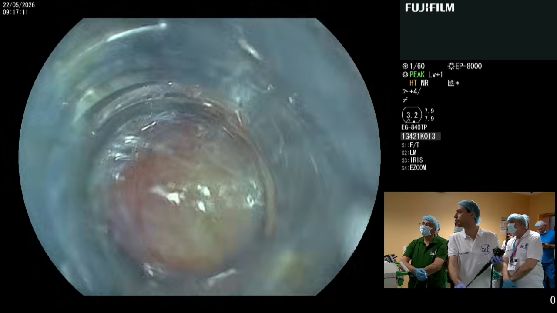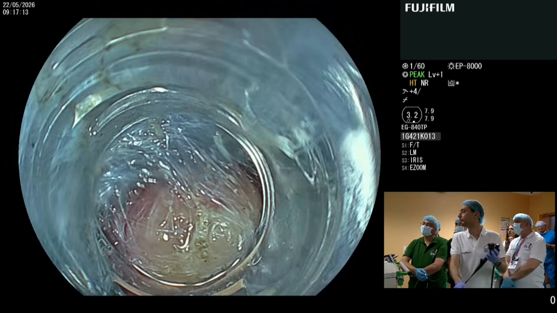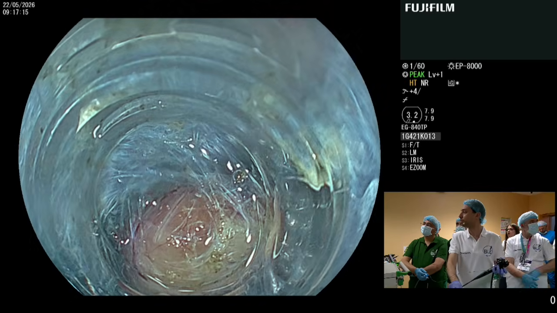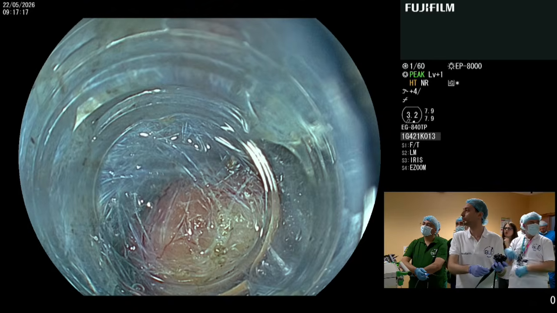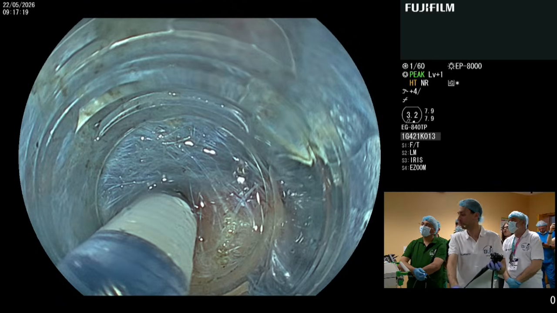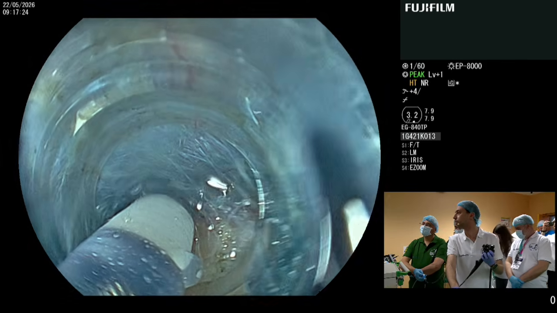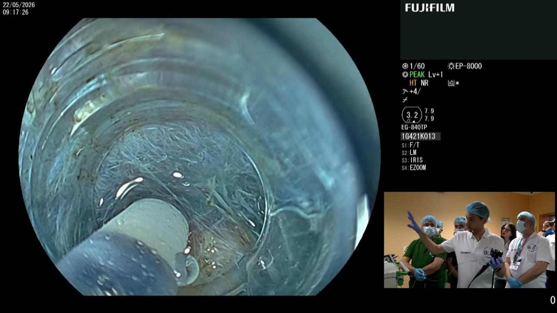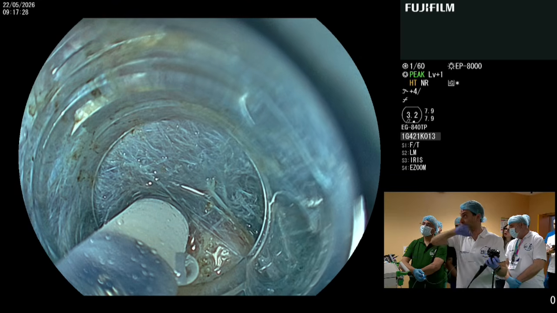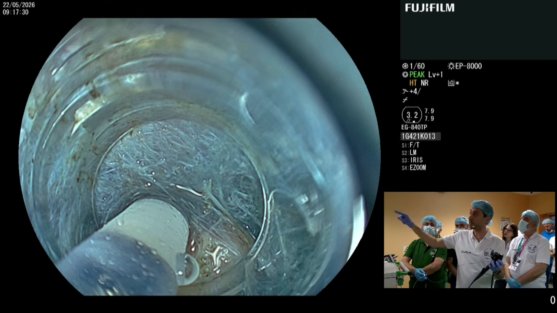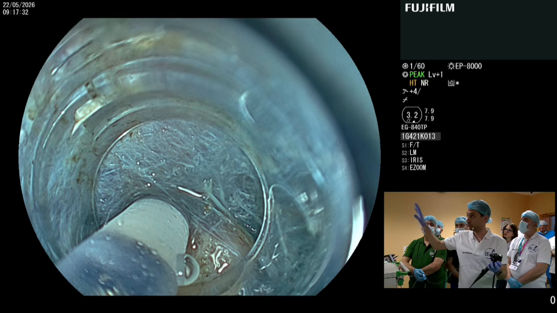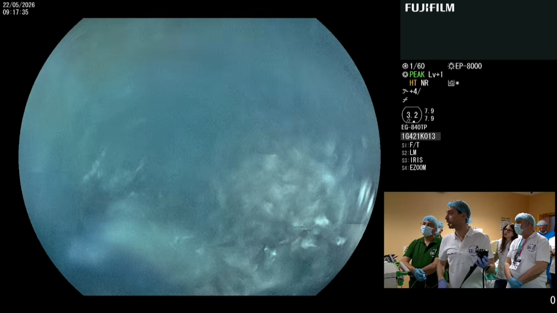All right. So you see, this is the tumor. I will try to go now above the tumor. Now, my knife at this point targets the mucosa. So we have to protect the mucosa against perforation.